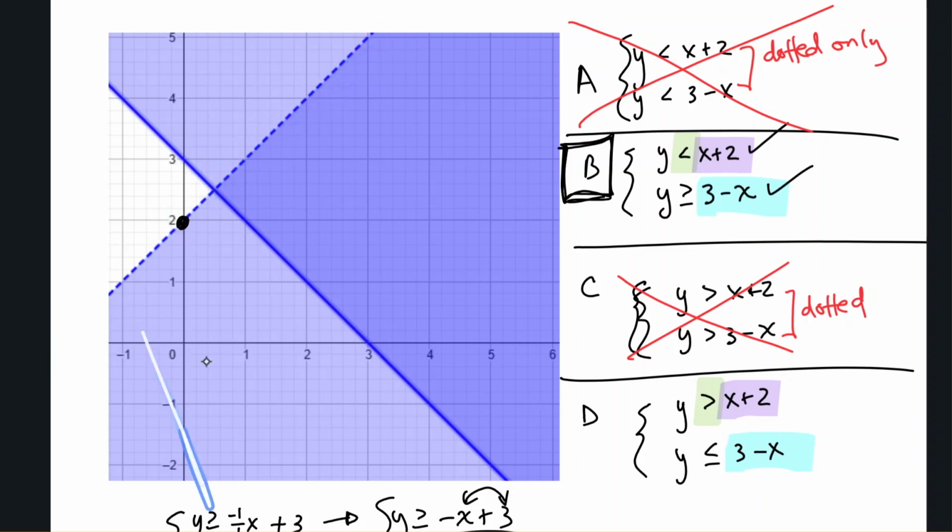From this section, we can see that we were shading below this line, which is why this one is not correct, because this would have you shade above, but we were actually supposed to shade below this line. This greater than or equal to would have this one shaded above, whereas this one would be shaded below.